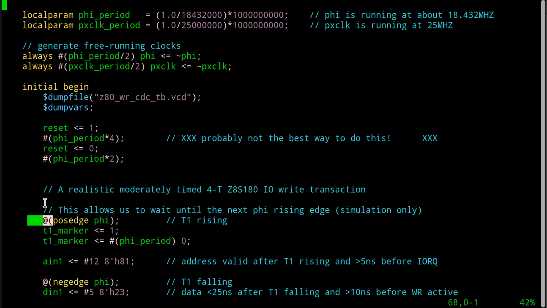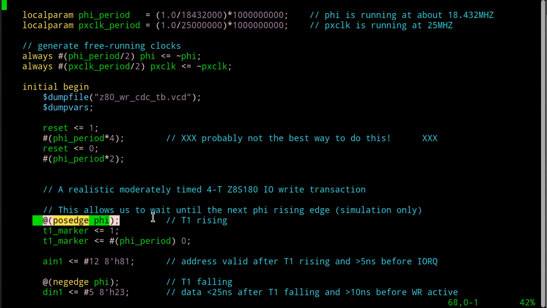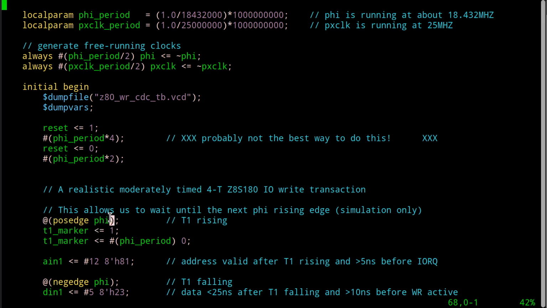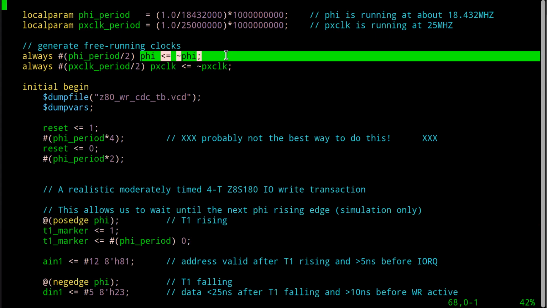if I waited a half a period and then did this, that's different than waiting for phi to go high. Because I'm now waiting for phi to go high and have been announced to everyone before proceeding. Phi goes high in a non-blocking assignment right there.